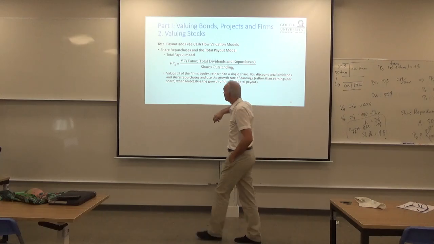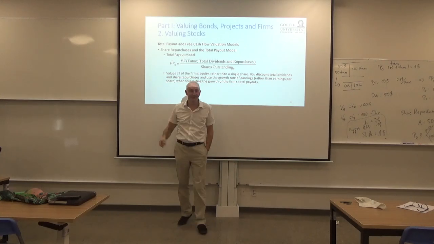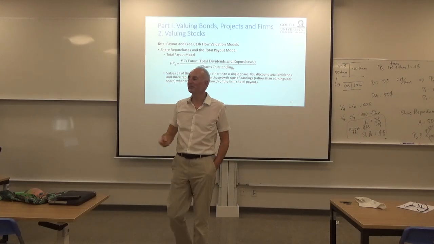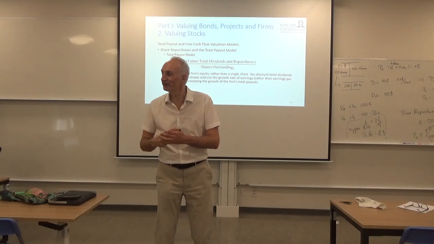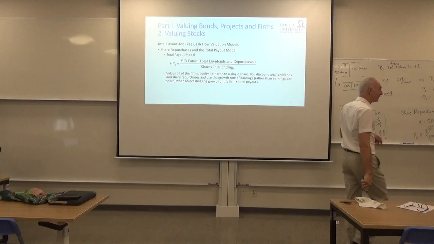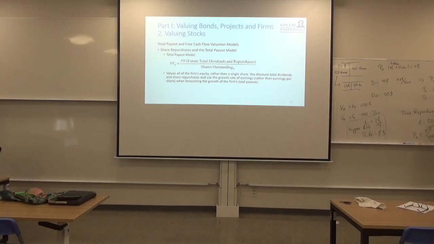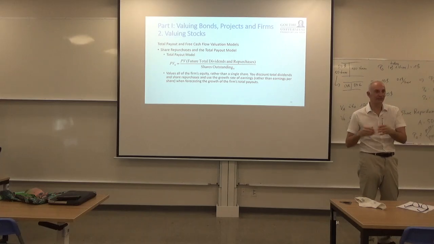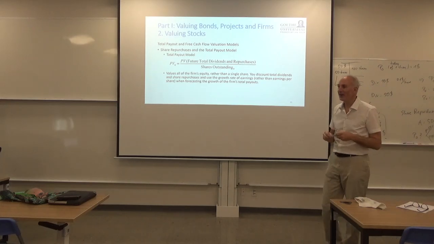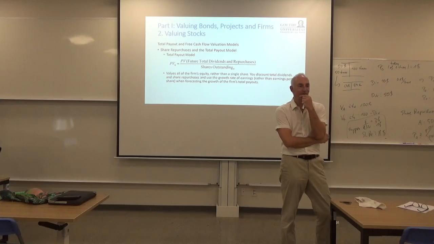So what is called here the total payout model is simply another simple cookbook recipe in order to prevent tedious calculations, in this kind of calculation, of calculating the dividend per share in the future, accounting for the change in the number of shares.